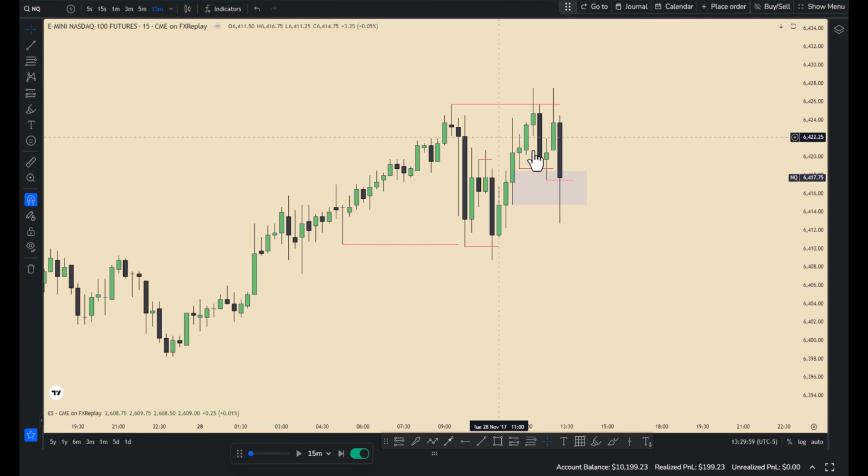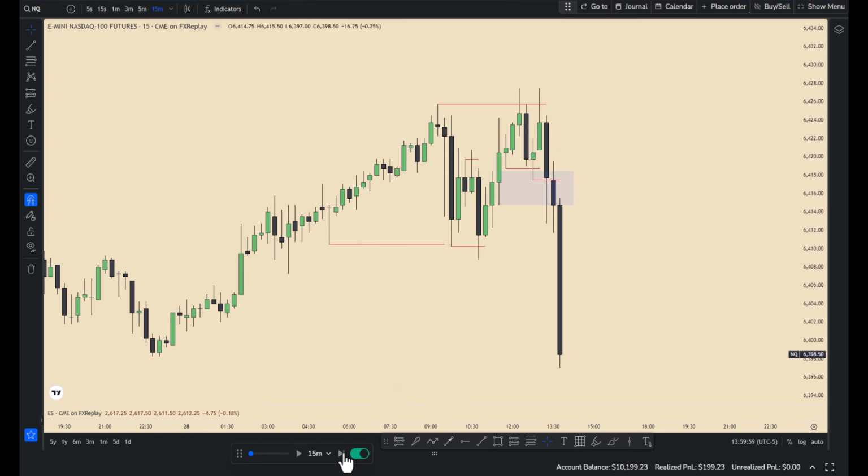So we have a lot of sweeps. This is basically a range. We need to be very careful with it. We have a sweep here, we have another sweep here, you can see. So it's better to let the price decide where it wants to go. Okay, so we are going to the downside.